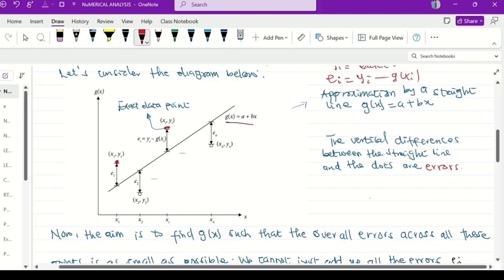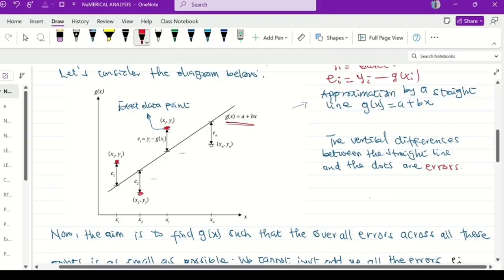So g(x) is equal to a plus bx. It's our straight line and it's our approximation. Now we notice that the dots don't fall exactly on the straight line. Look at where they are and look at where the straight line is.